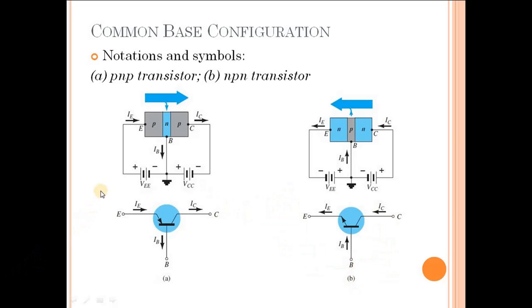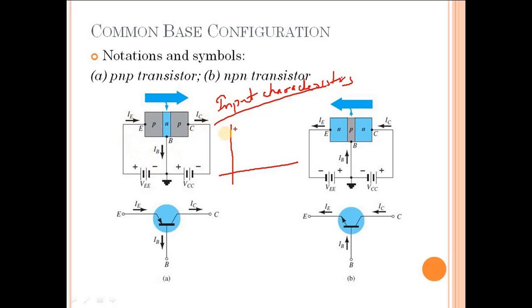The complete behavior of the BJT in a common base configuration can be described using two sets of characteristics: input characteristics and output characteristics. In the input characteristics, we plot a set of curves to show the variation of the input current with the input voltage VBE.